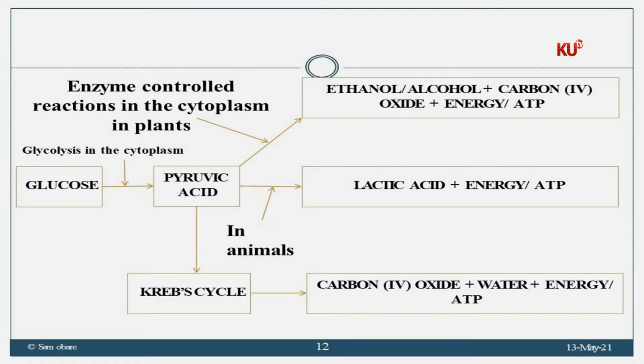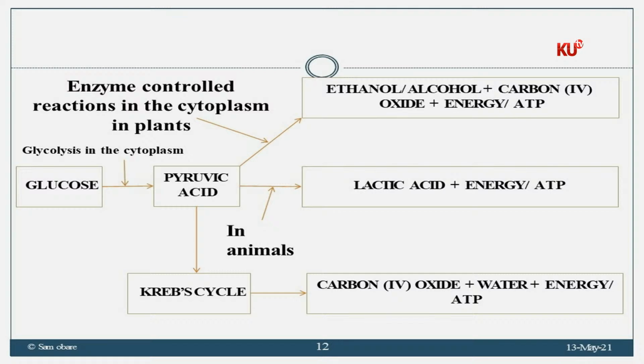Then in plants, we have ethanol, also known as alcohol, carbon dioxide, and energy. These are enzyme-controlled reactions that occur in the cytoplasm. In animals, you have lactic acid and energy.